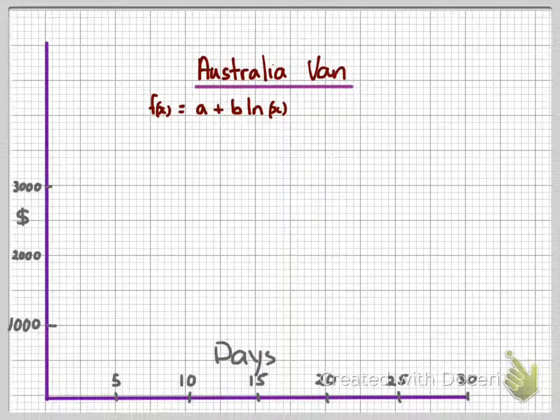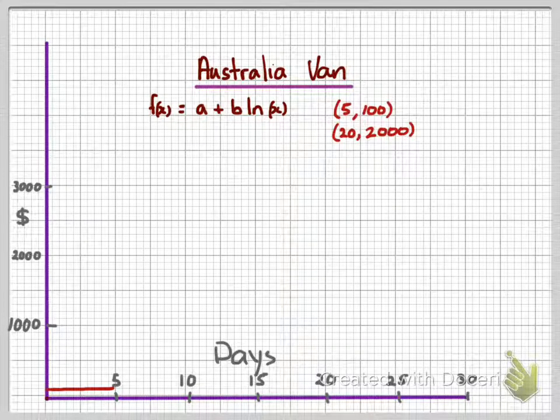The Australia van is 100 for the first 5 days, so we can put that in. And typical, they've got a difficult equation here, but we've got 2 points. We've got the points 5, 100, and we've also got the point 20, 2000. So we can put both those points in the formula and then subtract the formulas.